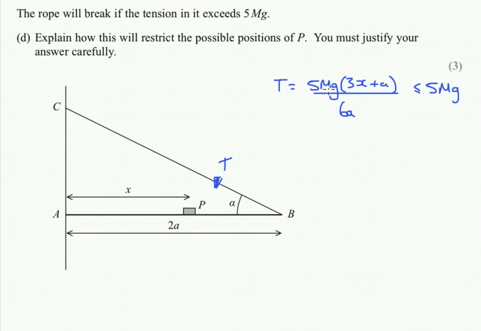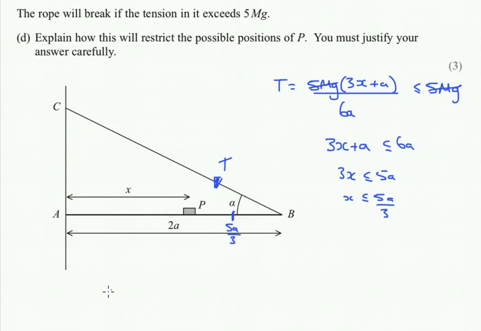If we cancel out the 5 mg's, we say that 3x plus a needs to be less than or equal to 6a. If I subtract an a, then x has to be less than or equal to 5a over 3. So that's where the box is okay to be. It can slide up and down here, but it can't go further than 5/3 of a.